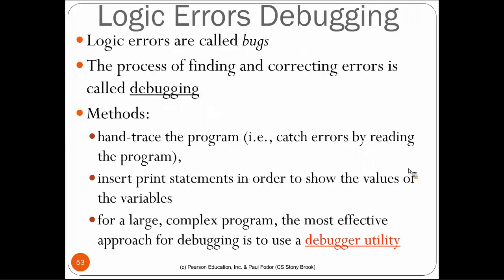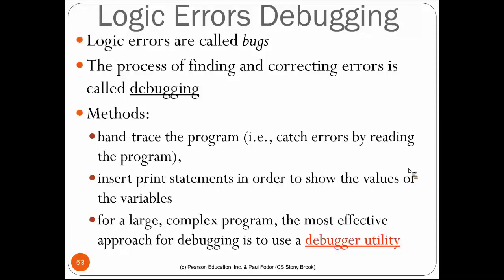That process is called debugging. So logical errors debugging are basically to catch these logical errors. These logical errors are also called bugs. Therefore, the process of finding and correcting them is called debugging.